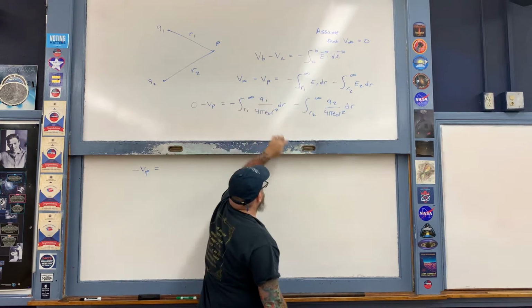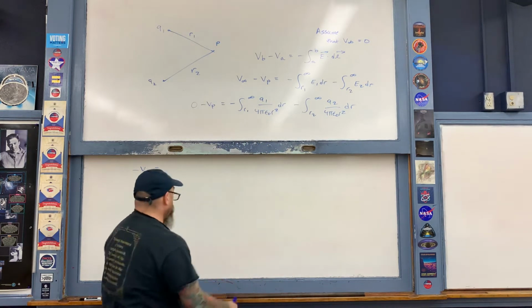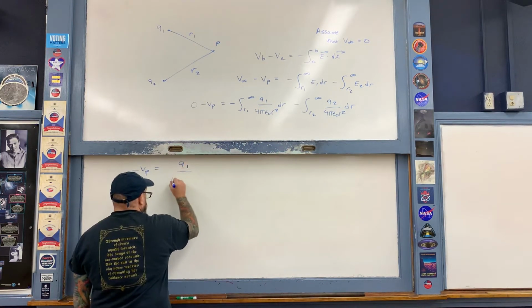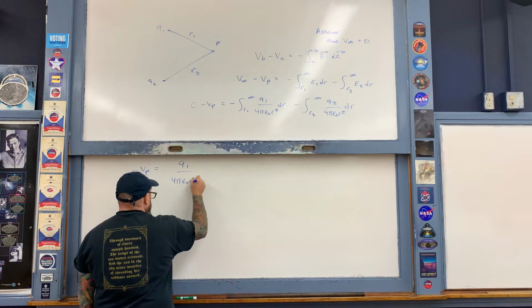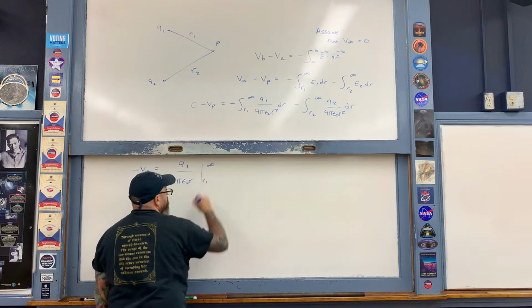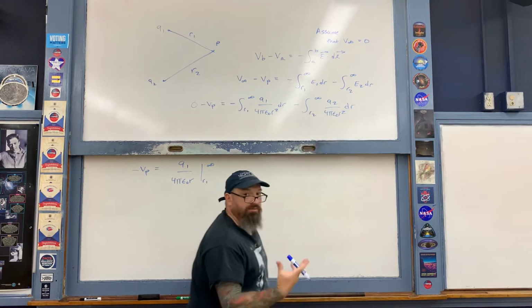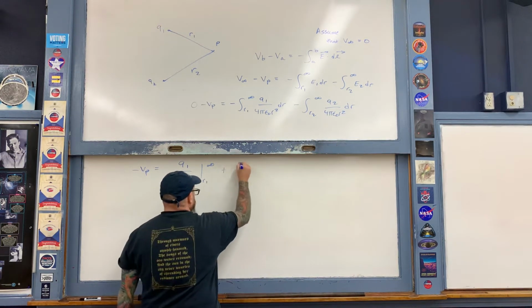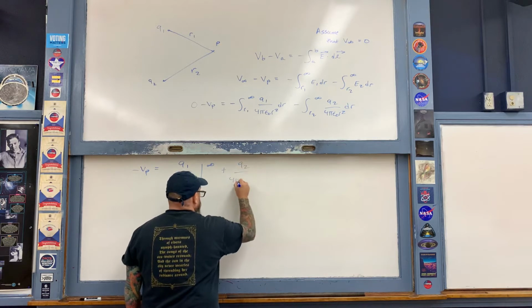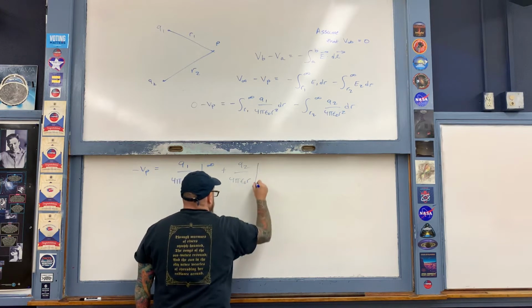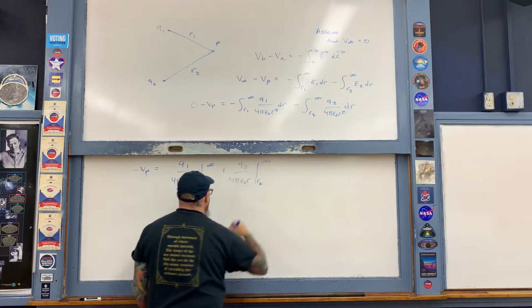Okay, now here on the lower board, negative potential at point P equals integral of negative 1 over R squared, which is positive 1 over R, from R1 to infinity. Integral of negative 1 over R squared is positive 1 over R, from R2 to infinity.